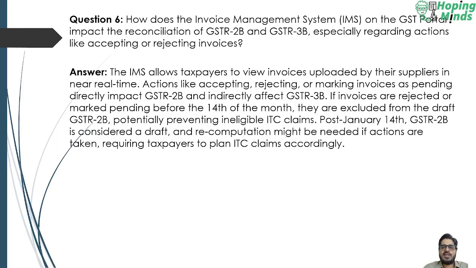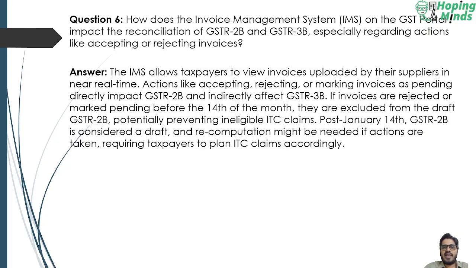If invoices are rejected or marked as pending before the 14th of the month, they are excluded from the draft GSTR 2B, potentially preventing ineligible ITC claims. Post January 14th, GSTR 2B is considered as a draft and recomputation might be needed if actions are taken, requiring the taxpayers to plan the input tax credit claims accordingly.